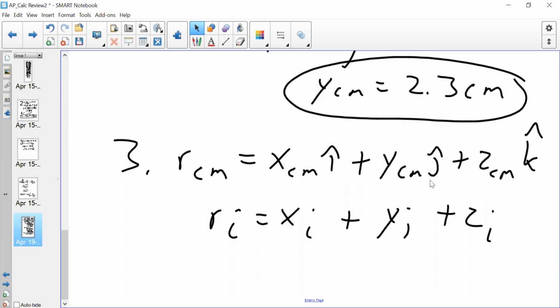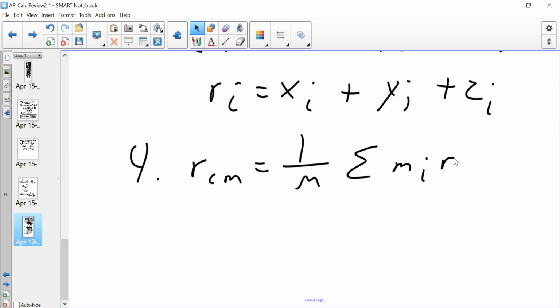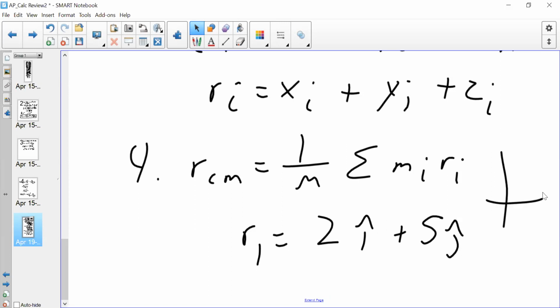So then, further representing that in our standard notation, this would be m_i r_i. If we have some r vector consisting of x, y, and z positions, say r1 is 2 i hat plus 5 j hat, and you have a mass in space, it's basically looking like this.